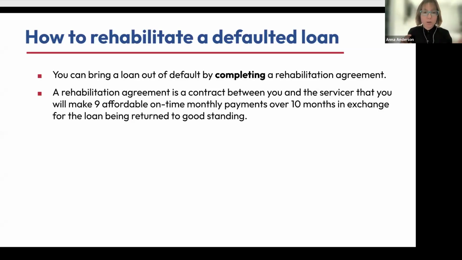And in this agreement, you will agree to make 9 on-time monthly payments over a period of 10 months in exchange for your loans being taken out of default and placed back into good standing. So it's a really formal process. It's not just an agreement that you can make sort of informally to start paying. You actually have to enter into a formal agreement with your loan servicer.